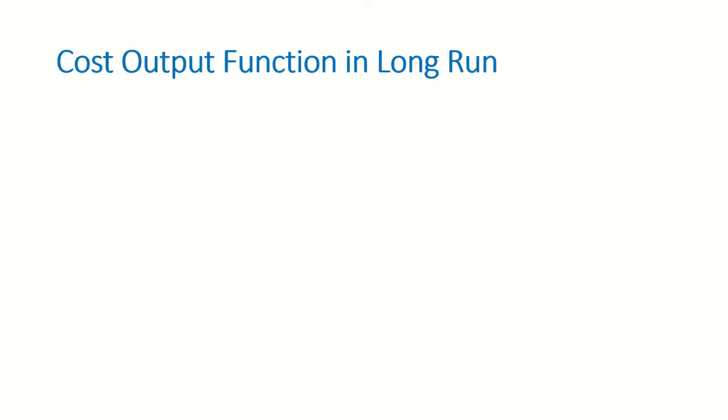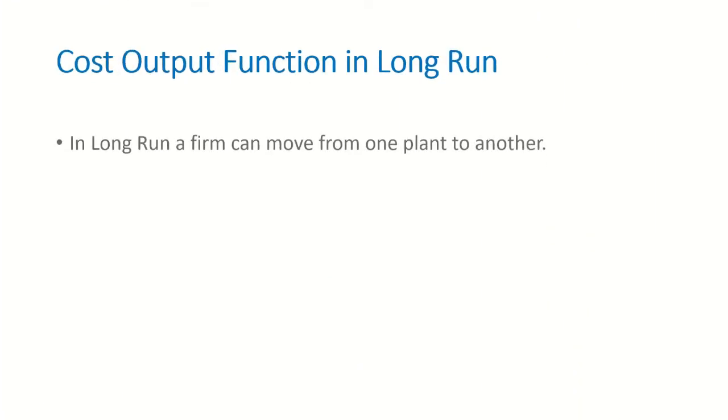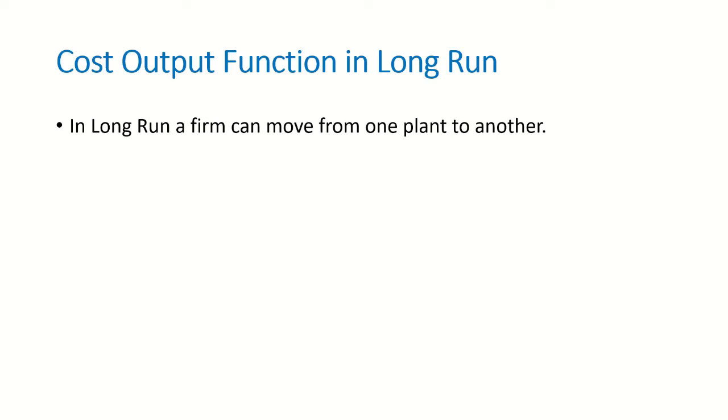Going into the detail, in the long run a firm can move from one plant to another, regarding the quantity of output that we need. If you need a smaller quantity, you can choose a smaller plant.